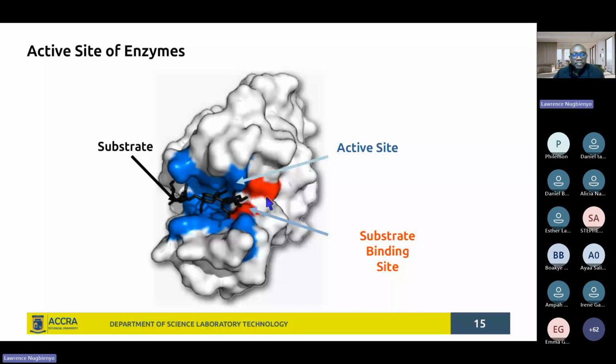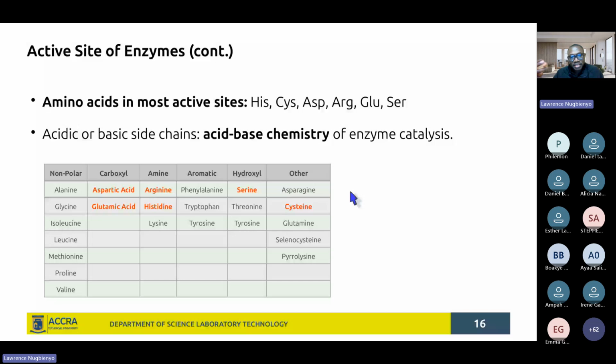Right. Now, studies of enzymes so far have shown some specific amino acids to be mostly found in the active center of enzymes. And these are histidine, cysteine, aspartic acid or aspartate, arginine, glutamate or glutamic acid, and serine.